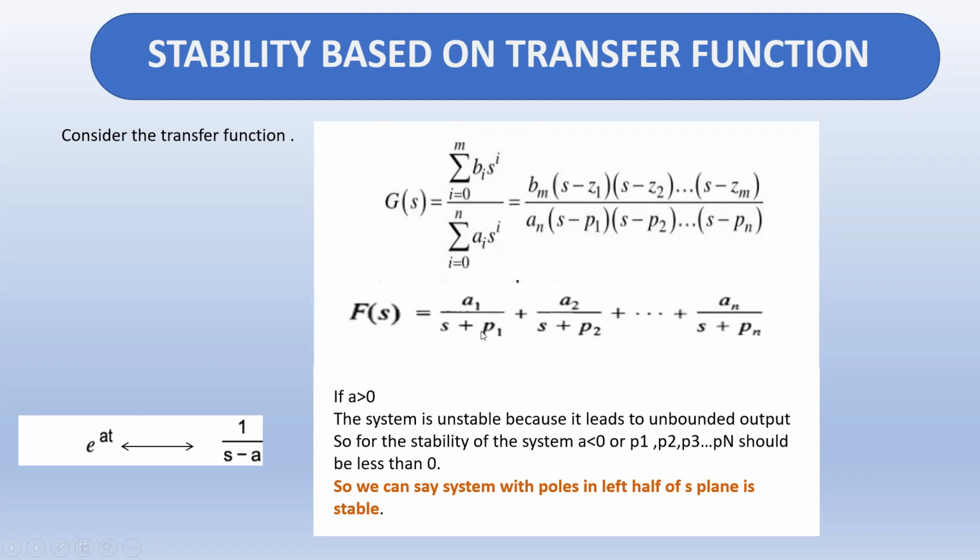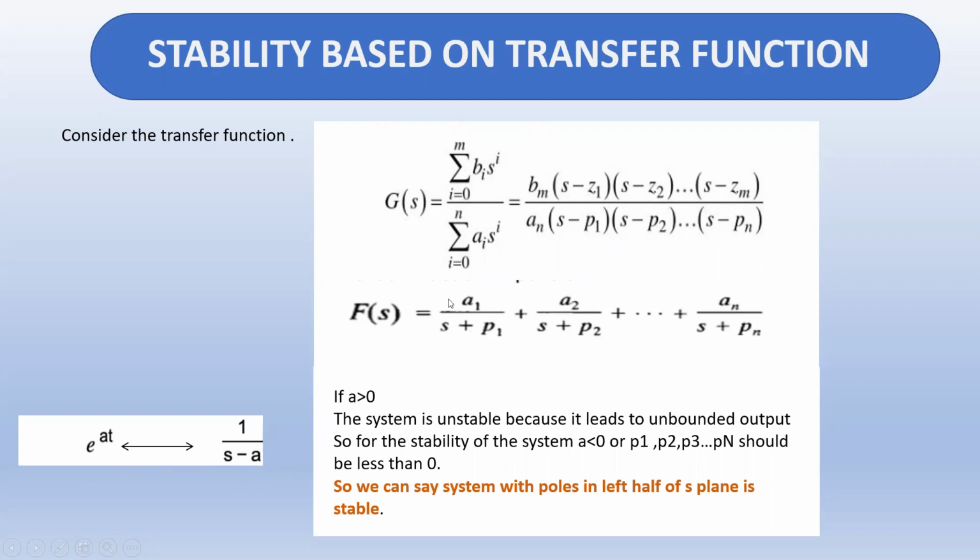If we take the inverse Laplace transform, the Laplace transform of e to the power at is 1 by (s minus a), and of e to the power minus at is 1 by (s plus a).